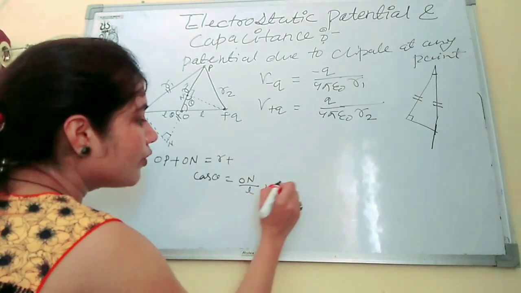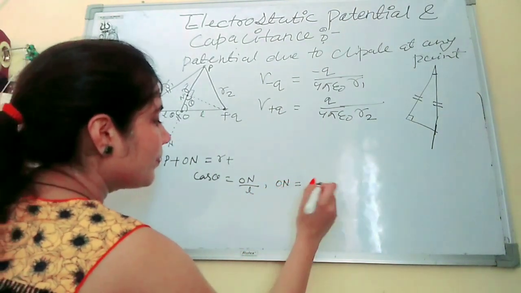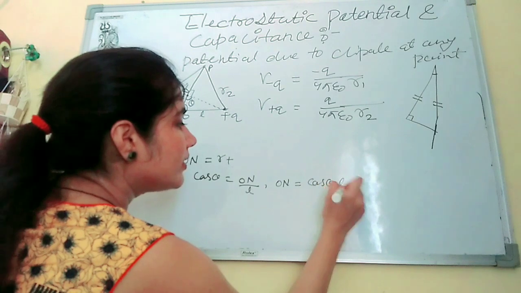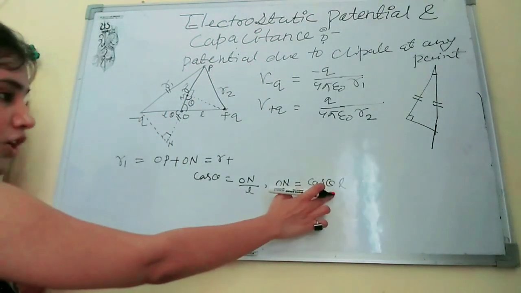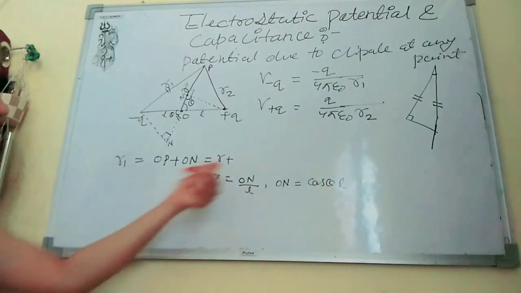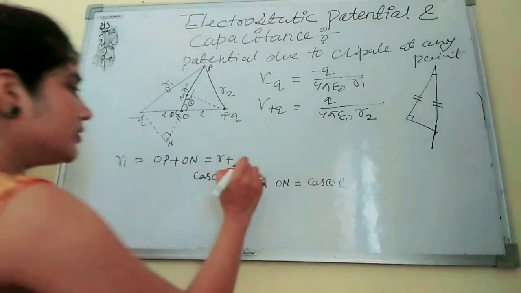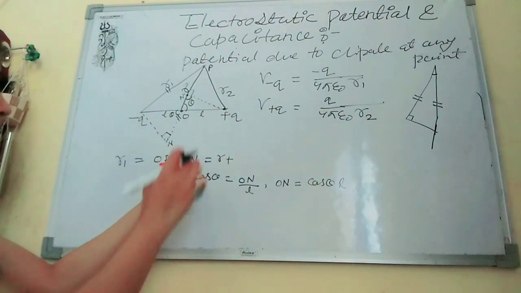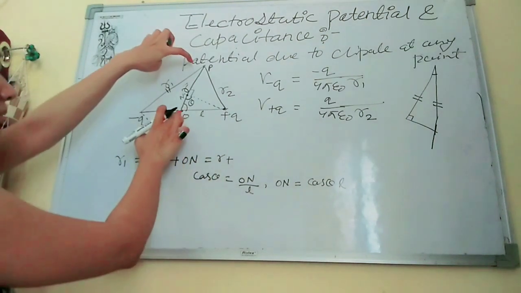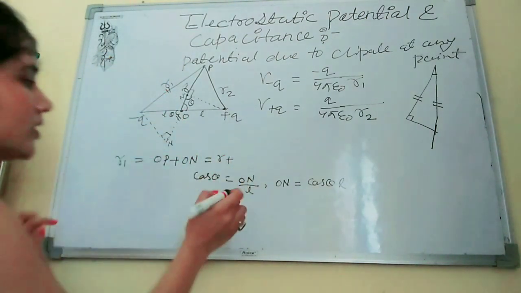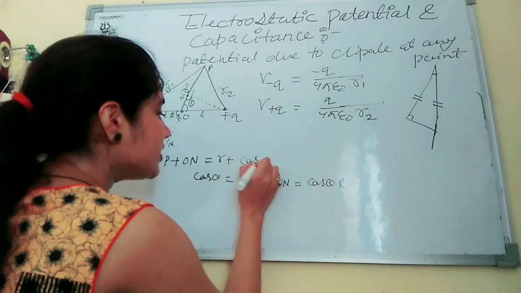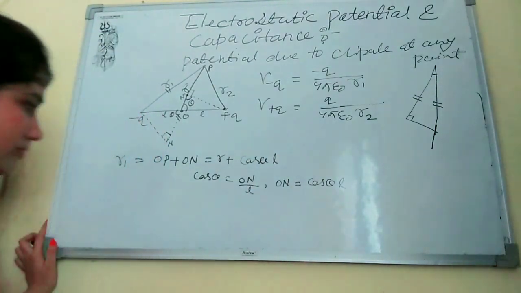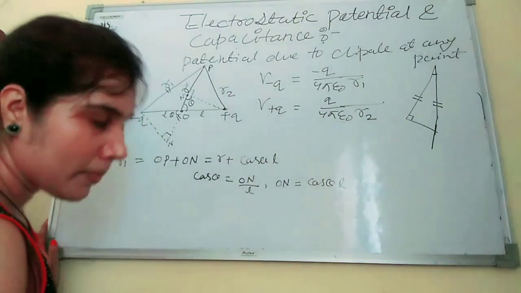So the value of ON will be L cos theta, right? So we put this L cos theta here, because this is the position of ON. OP is r, so ON is L cos theta. Okay, you got this?